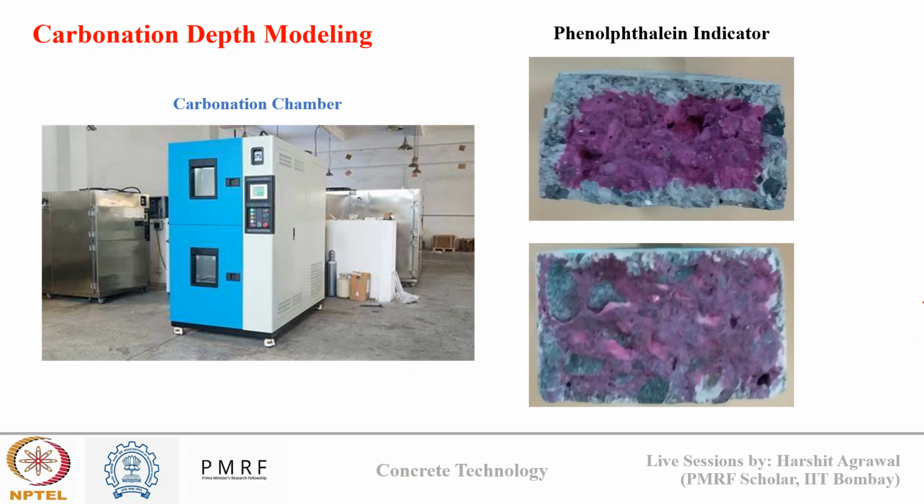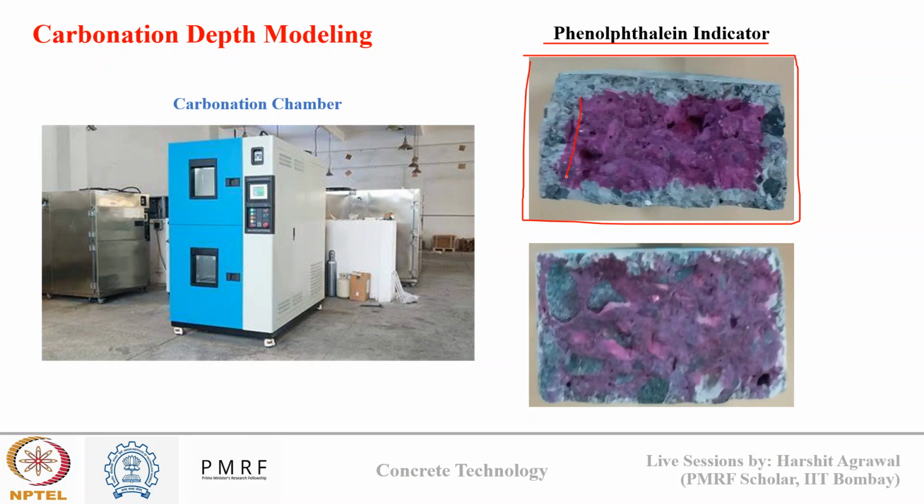On this slide you can see two images of a concrete cross section that is broken from the middle, with a phenolphthalein indicator chemical sprayed over the concrete. The indicator turns violet when the pH is more than 10.